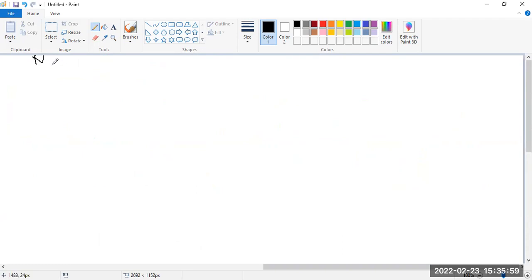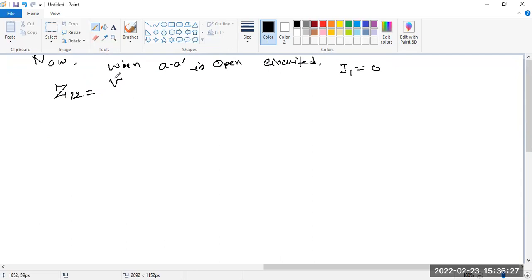So it is equation 5. We can write that V2 equals Z22 I2.